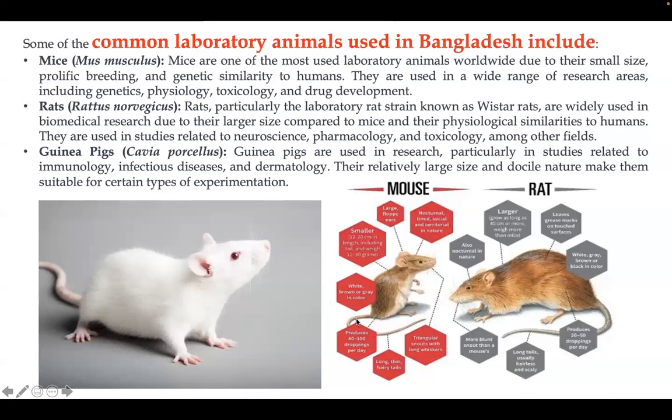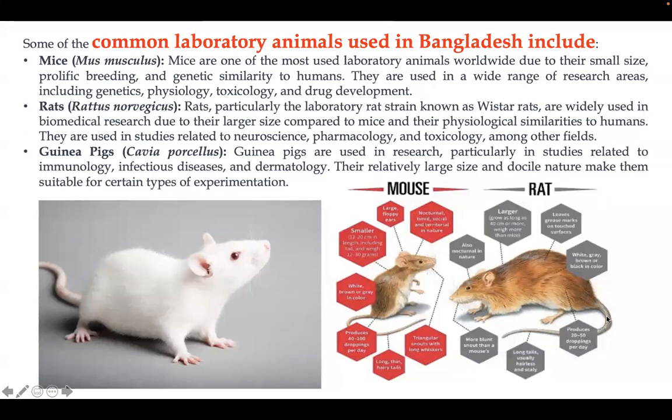For the tail of the mouse, it is covered with hairs, and it is long and thin. For the rat, the tail is also long, but this is not covered with hair.